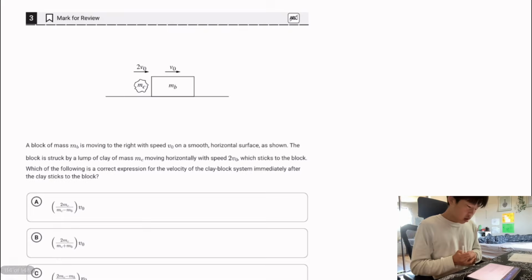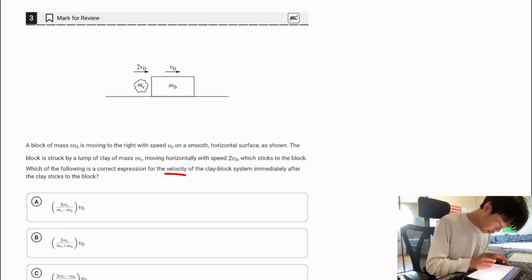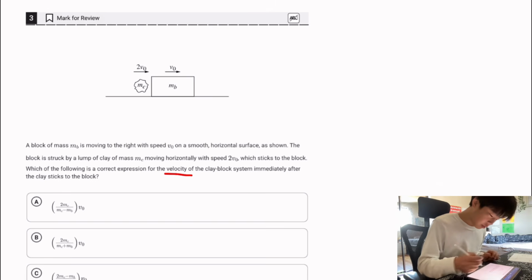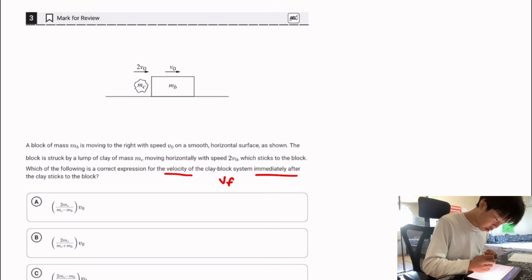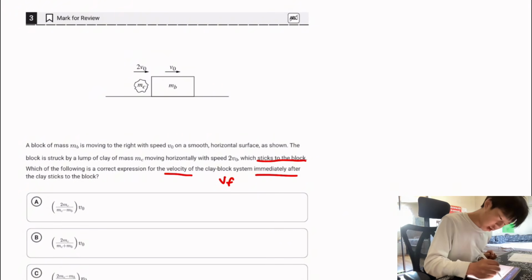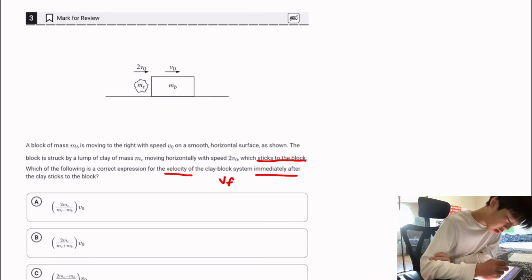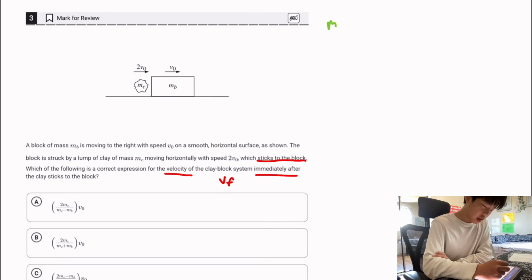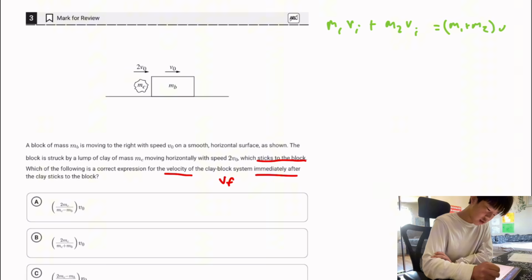So this next question is asking for the velocity of the clay block system immediately after, so I know it's looking for final velocity. It also sticks to the block. So the formula we can use is the conservation of momentum, which is m1 v1 plus m2 v2 initial, equals m1 plus m2 times v final.